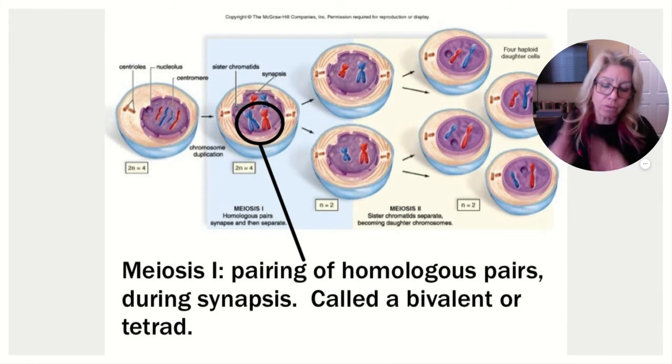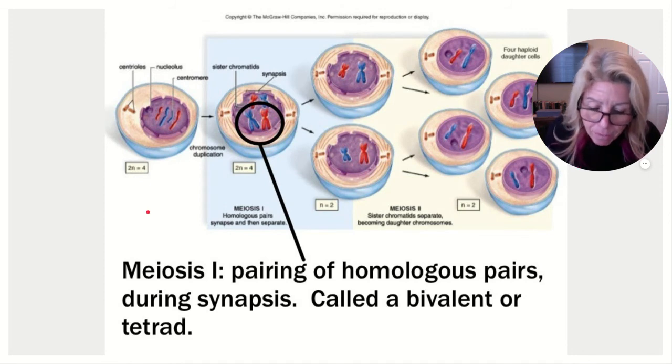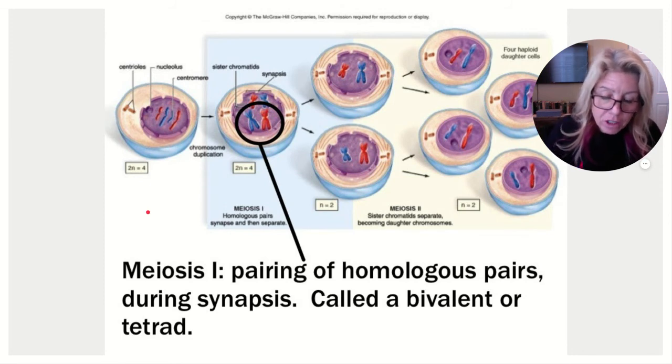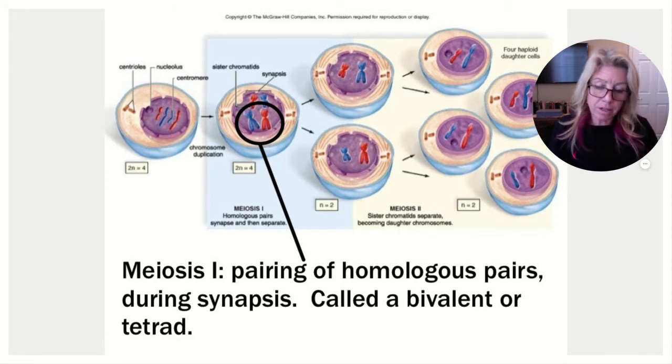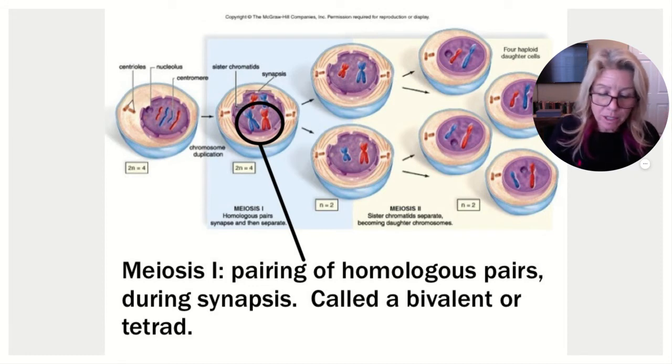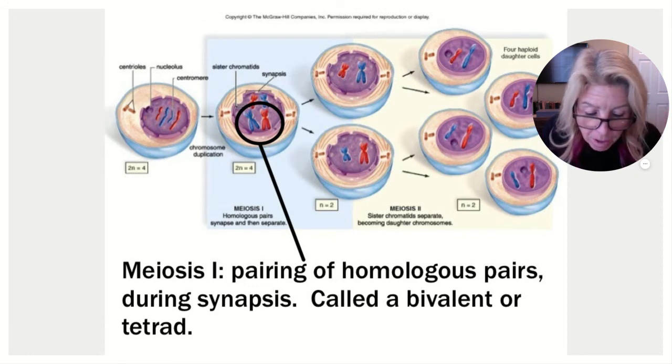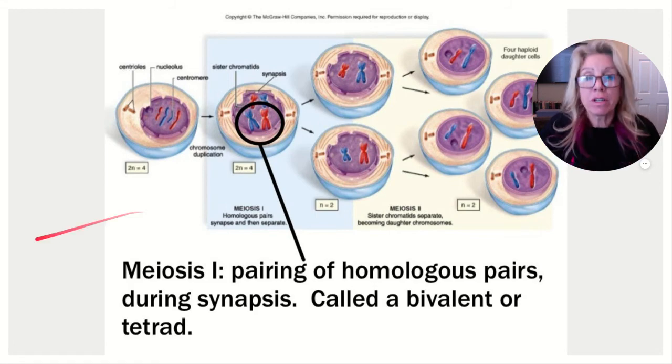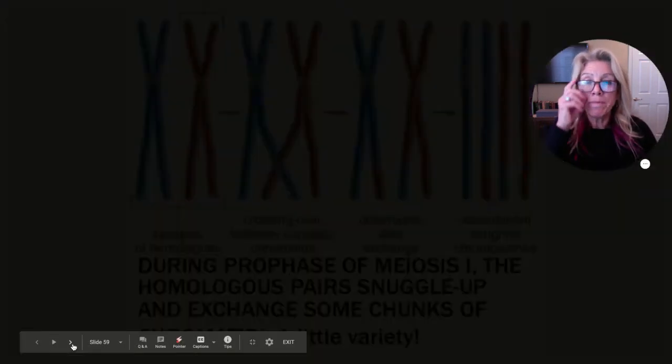So prophase 1: exchange of non-sister chromatids by homologous pairs. I think I have in your notes exchange of sister chromatids. I'll make sure it says exchange of non-sister chromatids, or you can change that. Exchange of non-sister chromatids by homologous pairs.